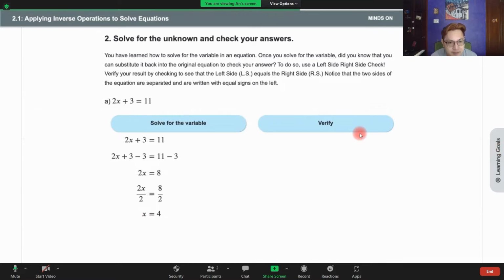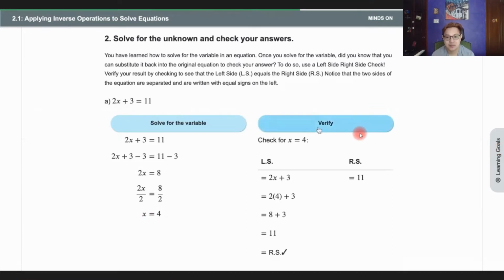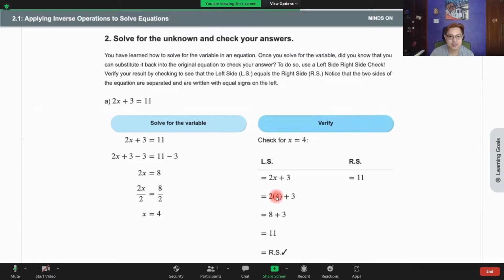And let's click on verify, shall we? So you plug it back into the original equation. So x equal to 4, you plug it back into the original equation. You have 2 times 4 plus 3, and that is 11. So exactly equal to the right side, isn't it? 11, 11.